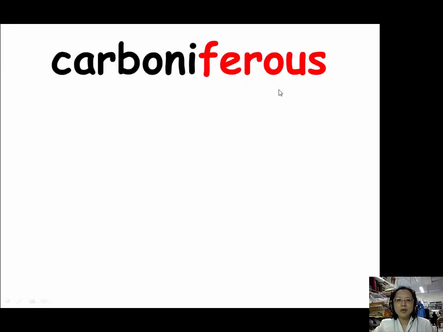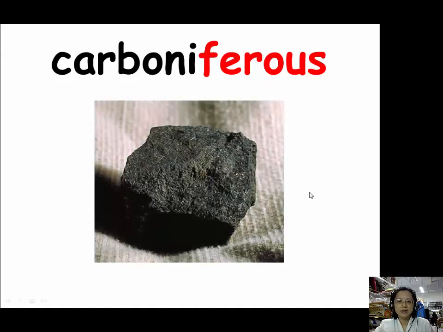Our next example for ferous, F-E-R-O-U-S, is carboniferous. Carboniferous is producing or containing carbon or coal. Like this piece of coal, it contains carbon, or we can say contains coal, so it is carboniferous.